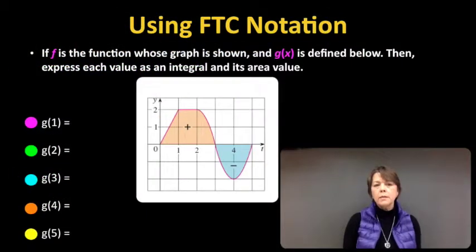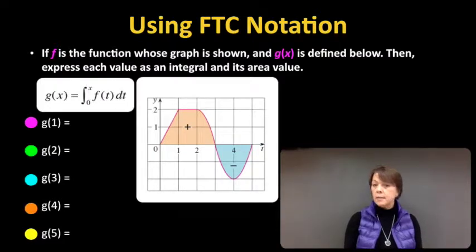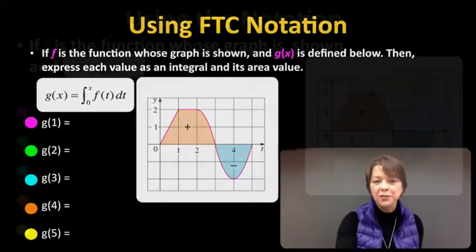Now take a moment, and what you did with the warm-up, I'd like you to try to convert that over to integral notation, where you're using g of x is equal to the integral from 0 to x of f of t dt, and try to find the following: g of 1, g of 2, all the way through to g of 5. When you're done, turn your video back on and check your answers.